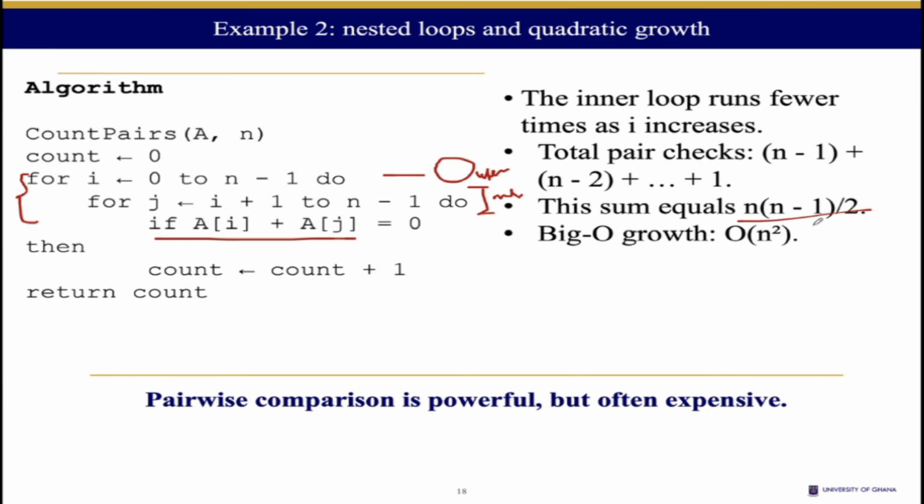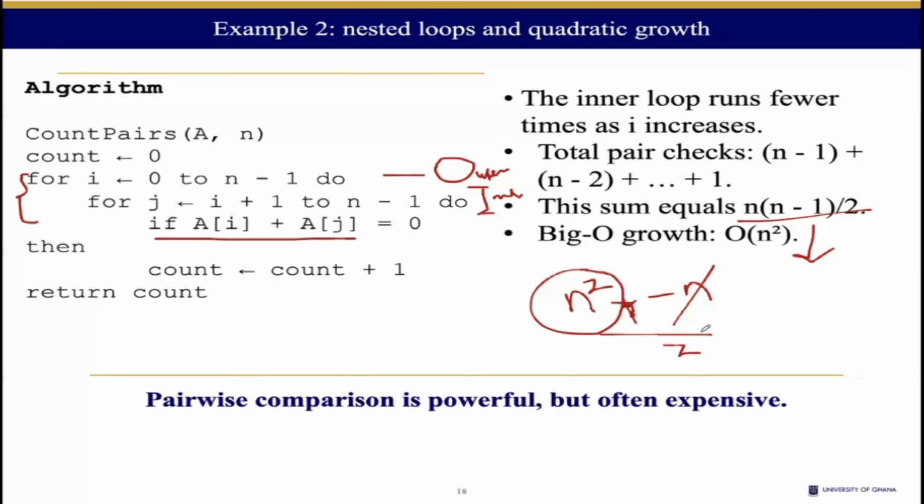When we work on this, we get n squared minus n, divided by 2. So now we just said that this is the dominant term, right?